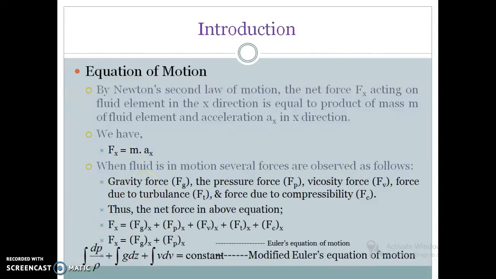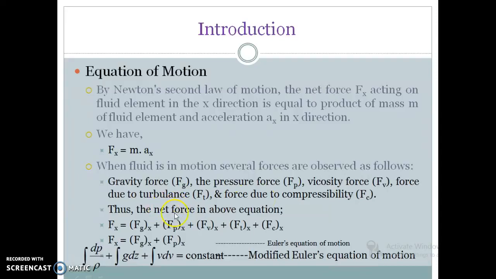When fluid is in motion, several forces are acting on that fluid. Some of these forces are: gravity force, pressure force, viscosity force, force due to turbulence and force due to compressibility.